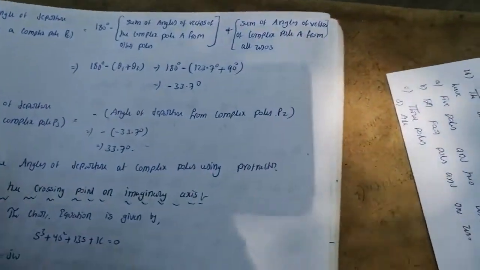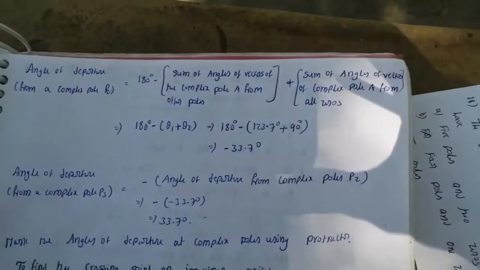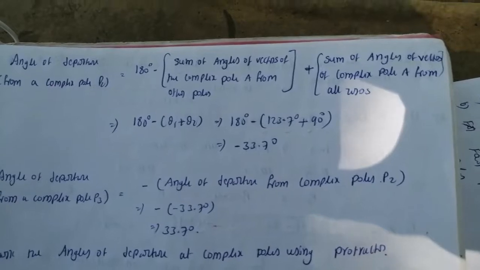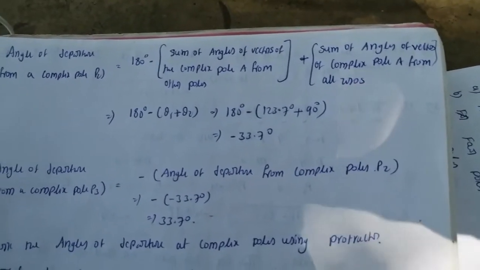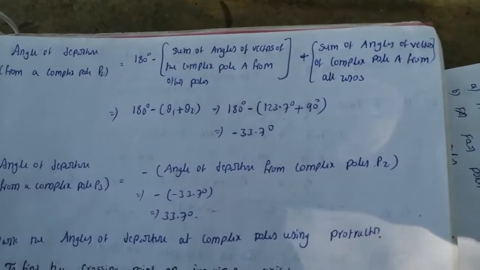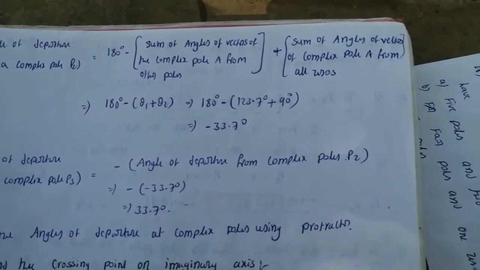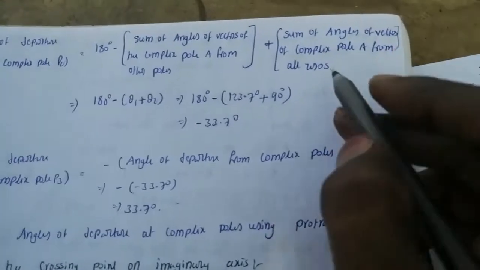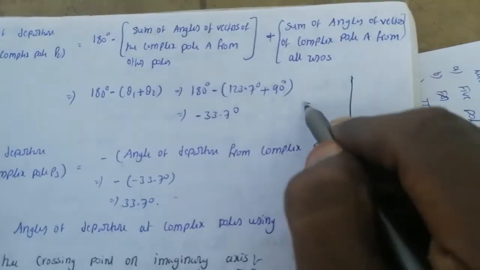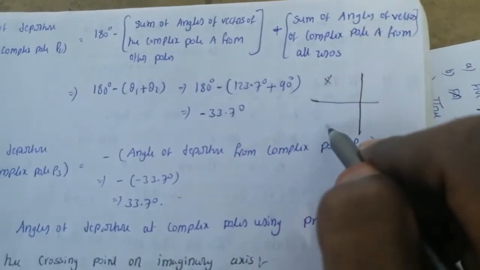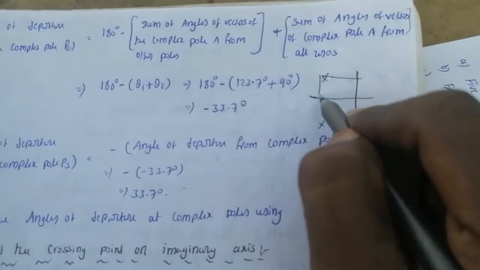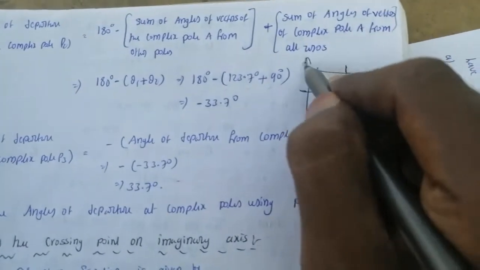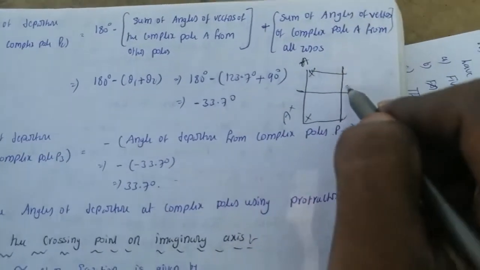Next, angle of departure. The angle of departure formula is 180 degrees minus the sum of angles of vectors of complex pole A from the other poles, plus the sum of angles of vectors of complex pole A from the zeros. Generally we have the graph like this, right? Here one pole, represented as A and A star, and the origin we have one.